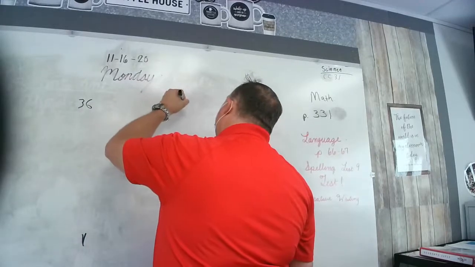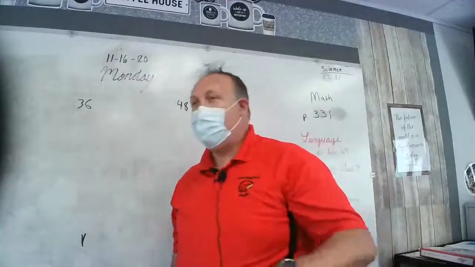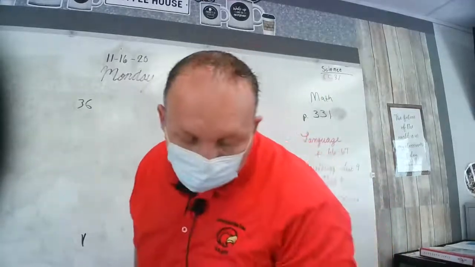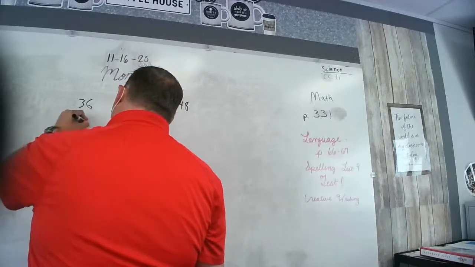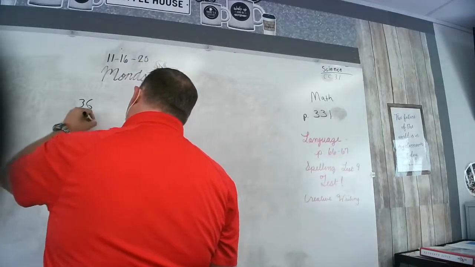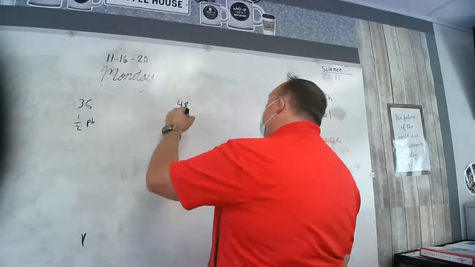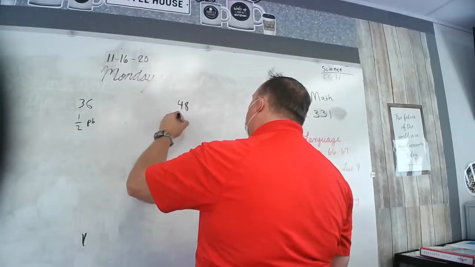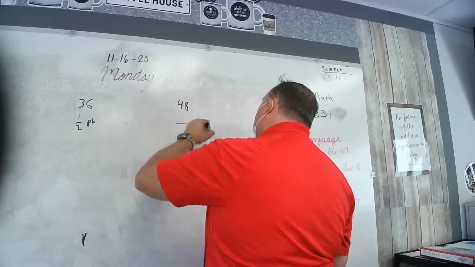She needs to make 48, right? The recipe for 36 cookies uses 1/2 cup of peanut butter. We need to figure out how much peanut butter for 48 cookies, right?